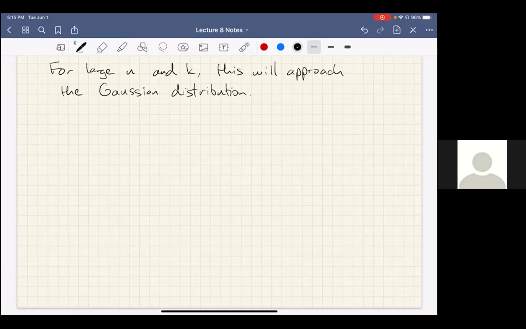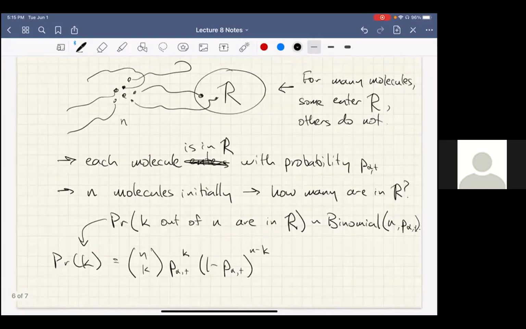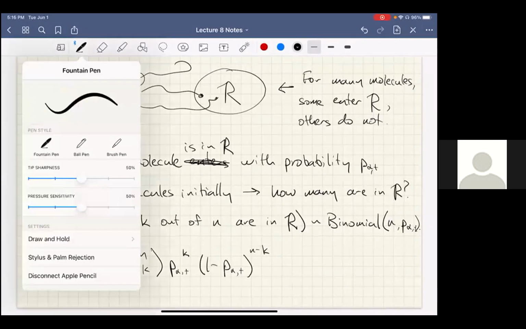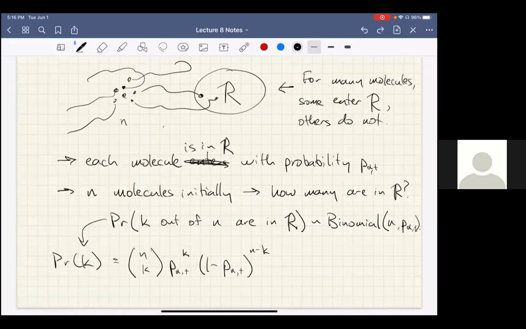And it's actually not surprising at all. If you look back here, what do we have? We are basically looking at the sum of a bunch of independent random variables. Remember my alphas, they're independent random variables. I have alpha equals 1 if it's in the region, and alpha equals 0 if it's out of the region.